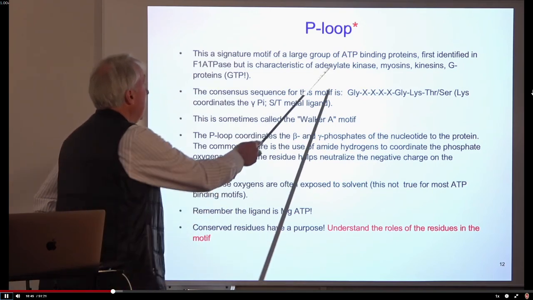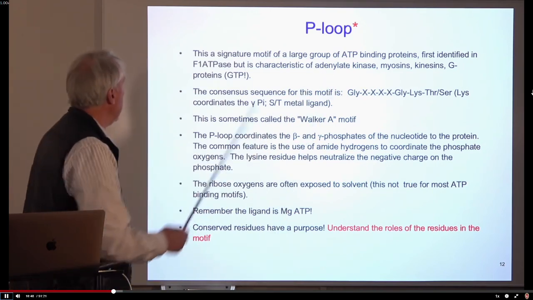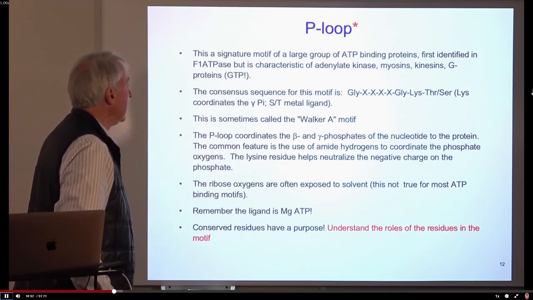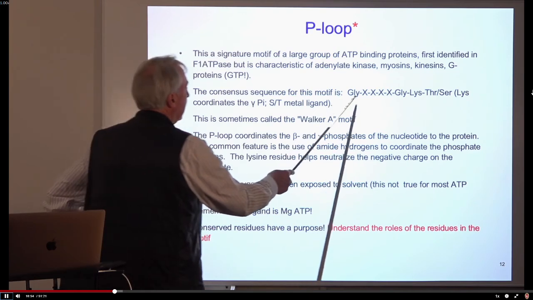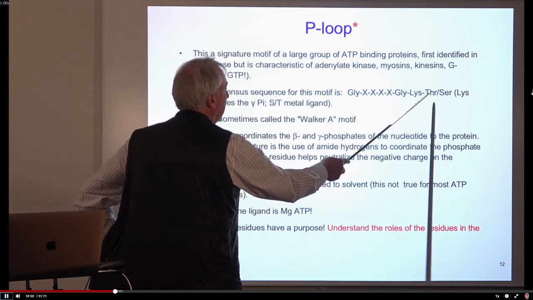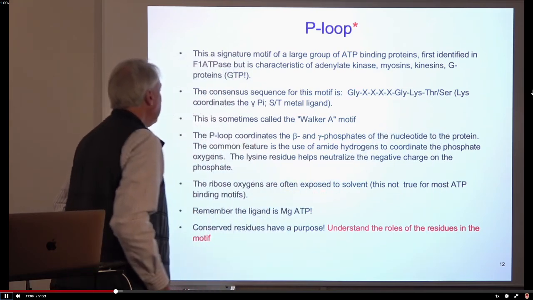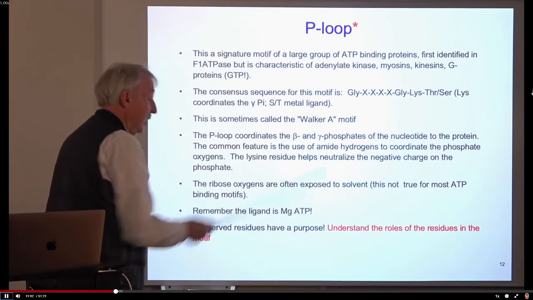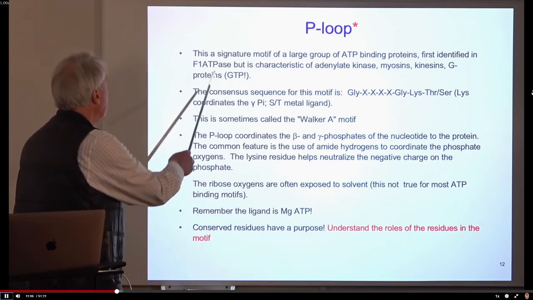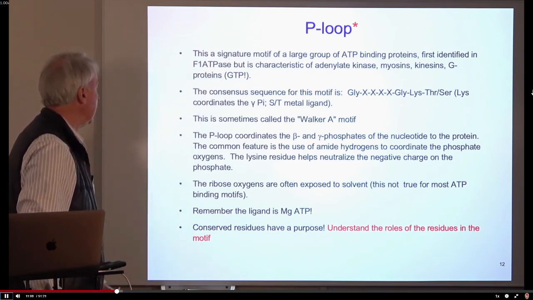It's a really common motif. There's a consensus sequence: glycine, followed by 4 residues of variable nature, then glycine, lysine, threonine, serine. It's sometimes called the Walker A motif because it was identified by John Walker, who was studying F1 ATPase.